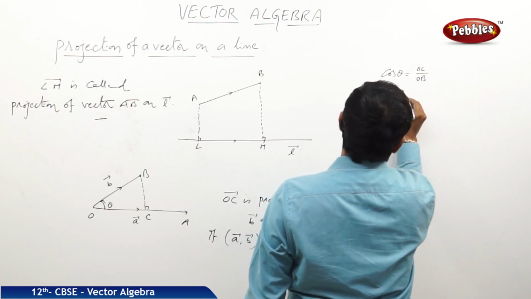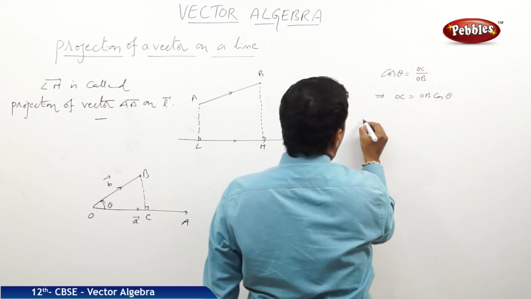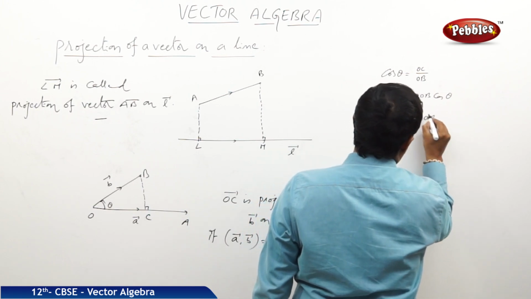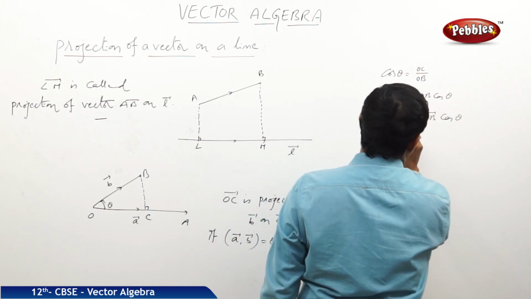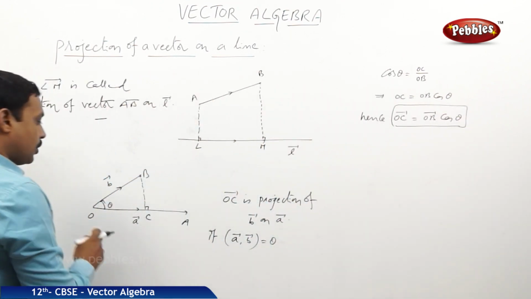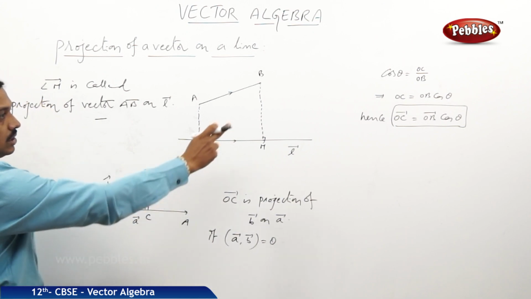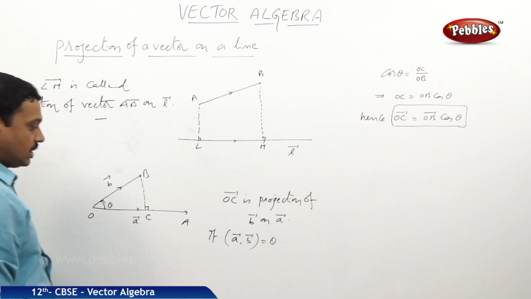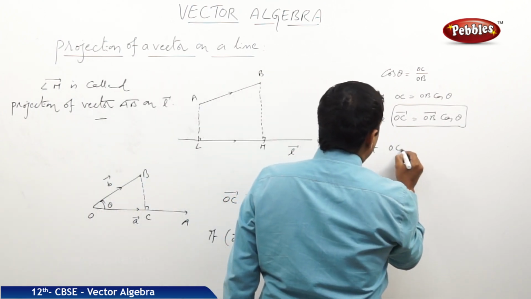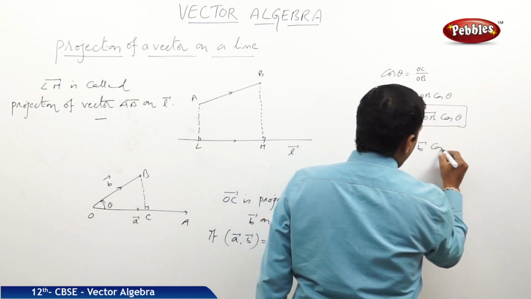Therefore OC is equal to OB into cos theta. Hence OC vector is equal to OB vector into cos theta. Therefore the projection of B vector on A vector is OB bar into cos theta, that is, B bar into cos theta.